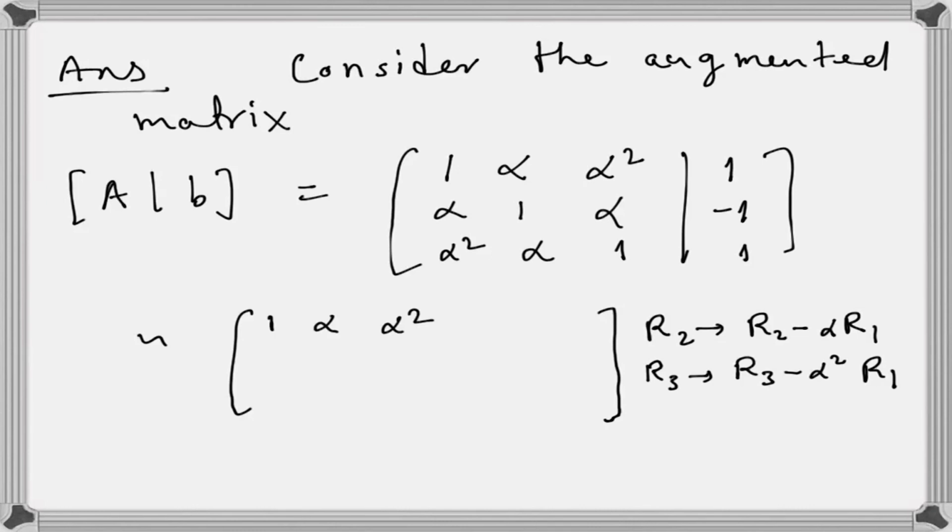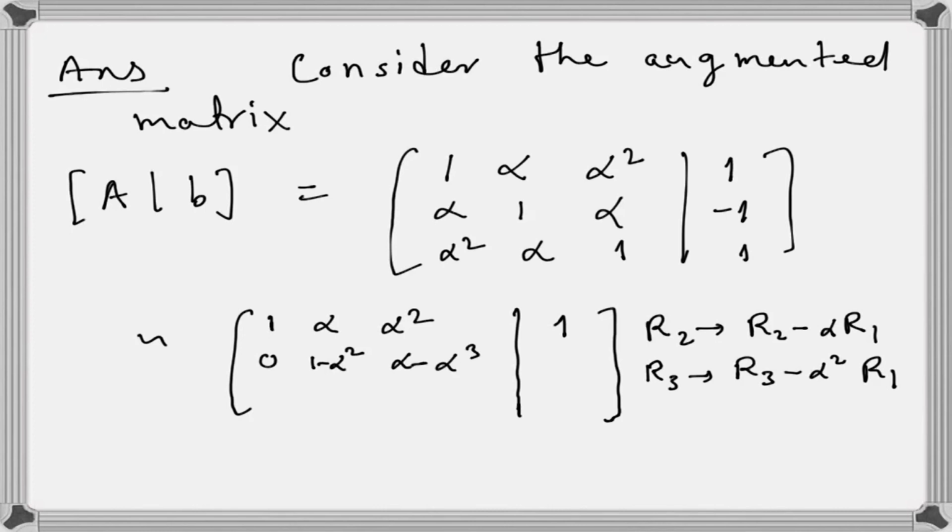Alpha square, this is 1, and then this is 0, and this is 1 minus alpha square, and this is alpha minus alpha cube.